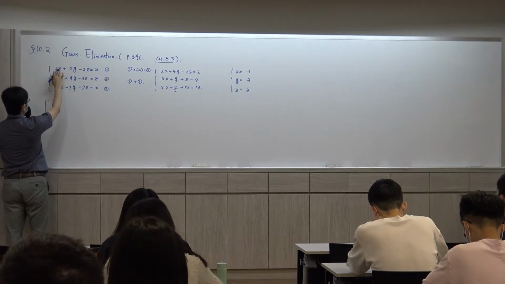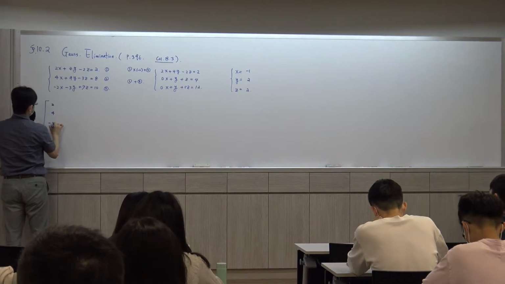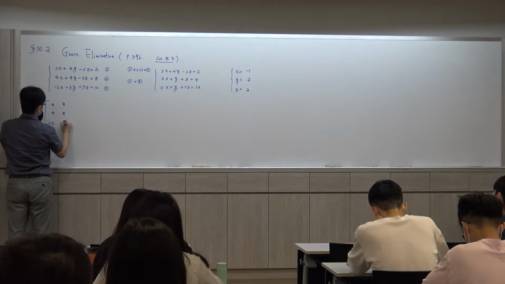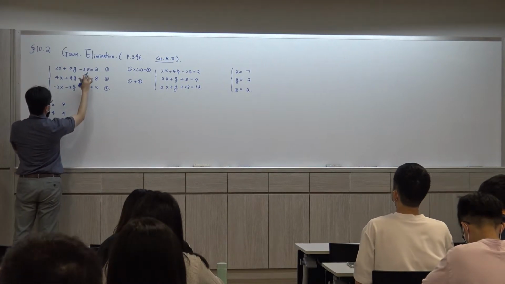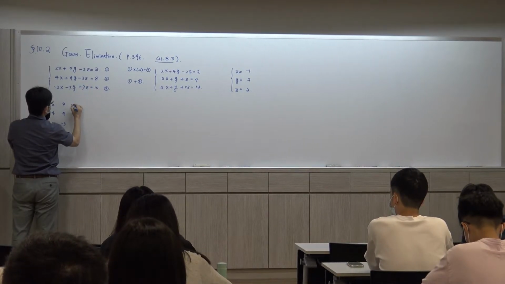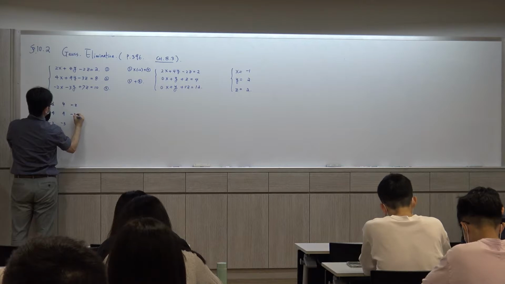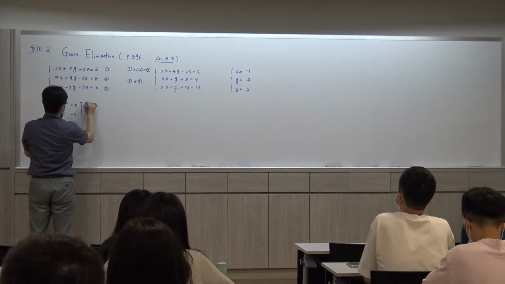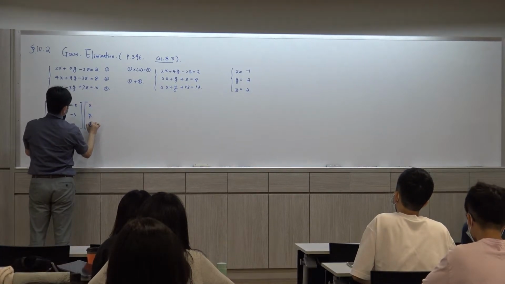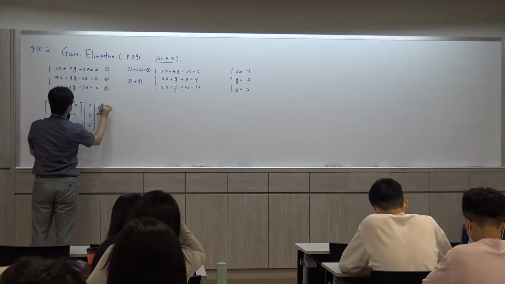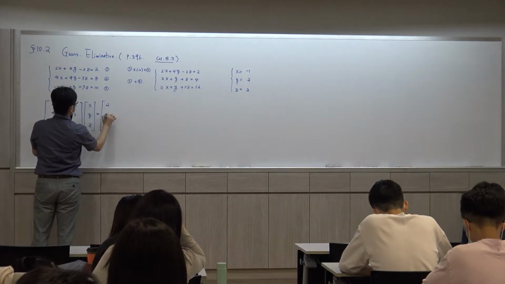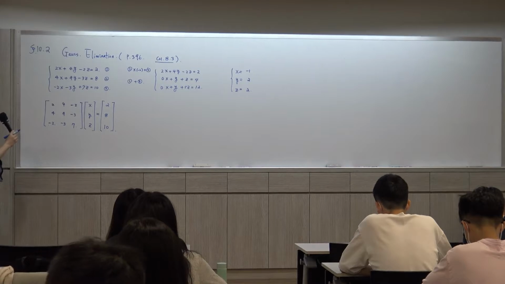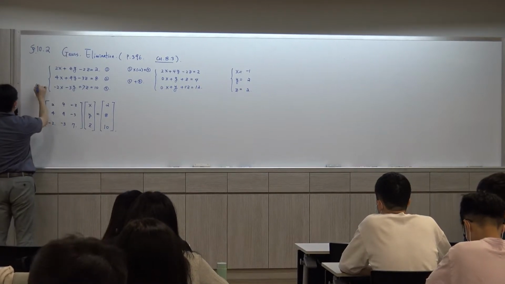For example, here, 2, 4, -2. 4, 9, -3. -2, -3, +7.